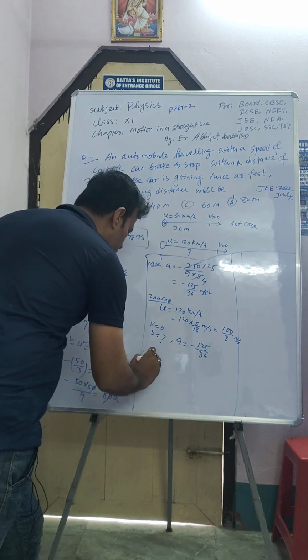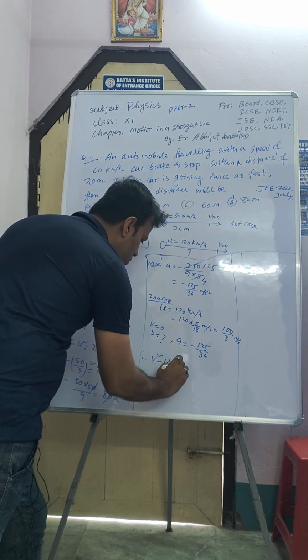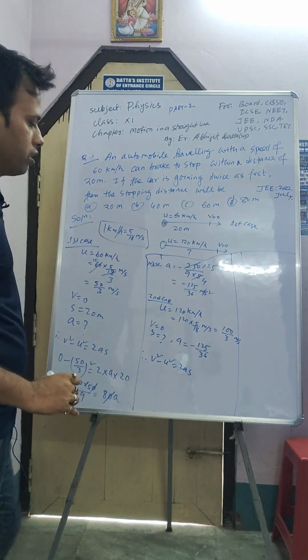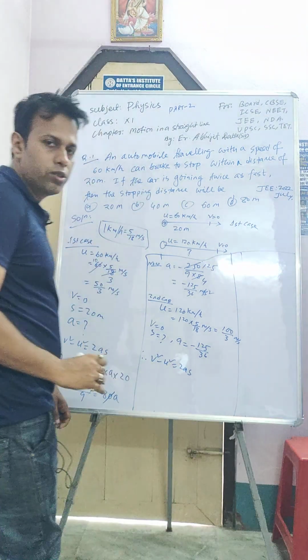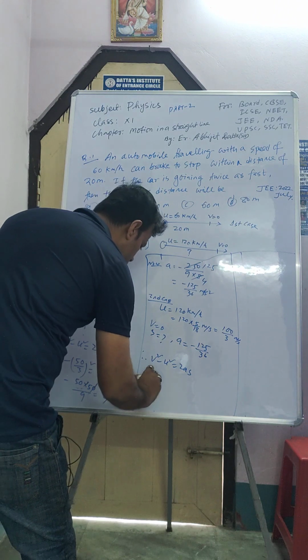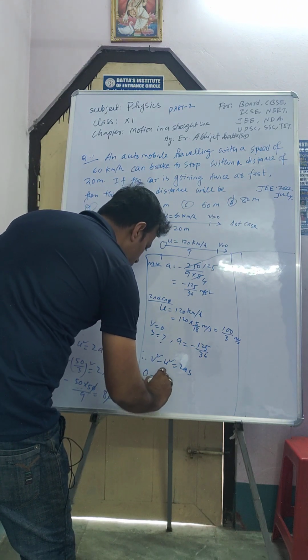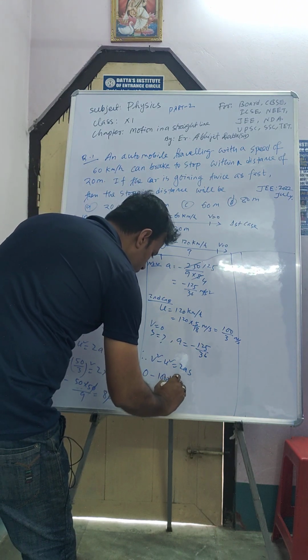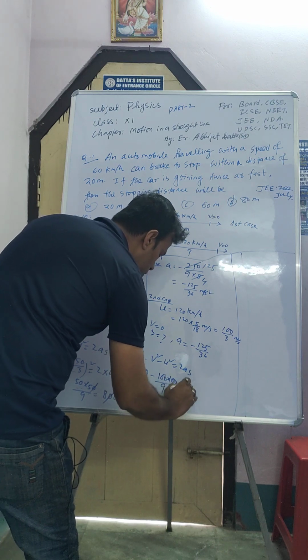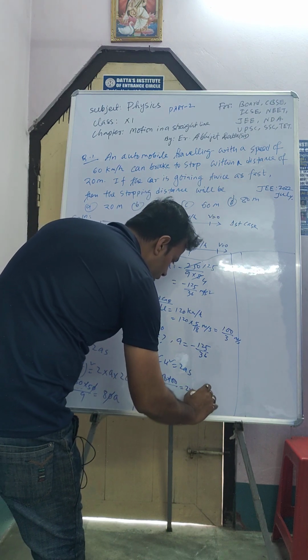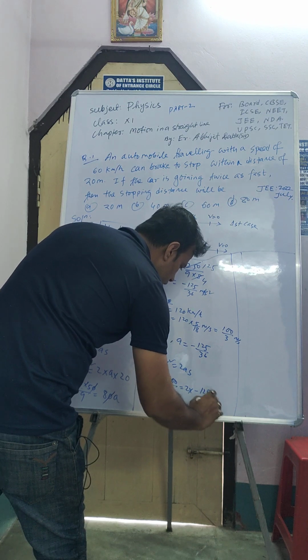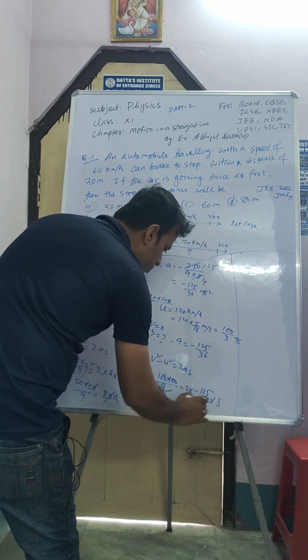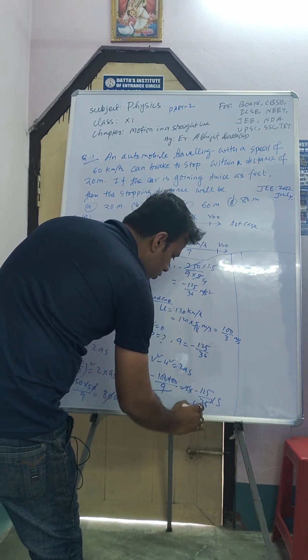Now use the same formula, v square minus u square equals 2as. Here v is 0, u is 100 into 100 divided by 9 equals 2 into a, which is 125 by 36, and into s. If I cut this by this, it will be 4, and if I cut this by this, it will be 2.